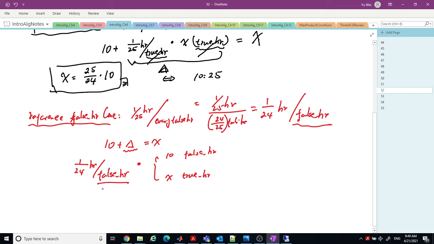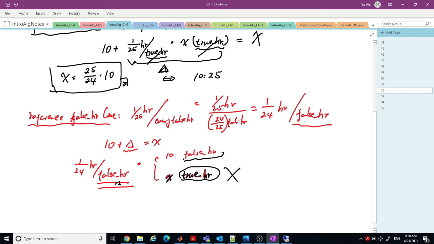See, we are referencing to the 4th hour. But if we times the x of the true hour, can we cancel this one and this one? No way, right? So this one is wrong. So we must cancel. If we reference to the 4th hour, we must use the time on the 4th hour timeline.